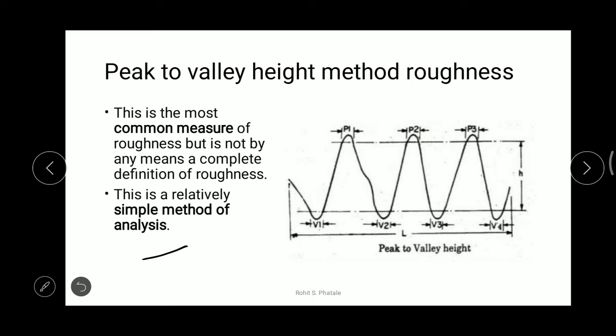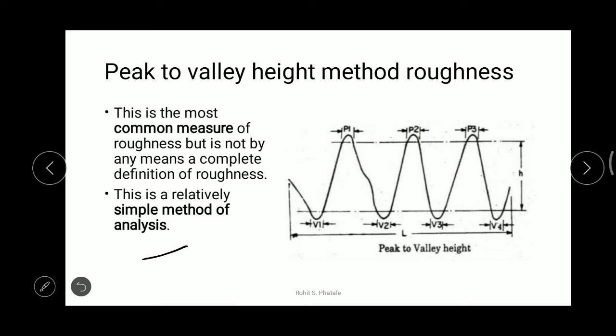Over here you can see this is the diagram, and in the diagram you can see that there are some peaks and some valleys. So these are the peaks and these are the valleys. These peaks and valleys we want to take, and one reference line is taken for peaks and one for valleys also.